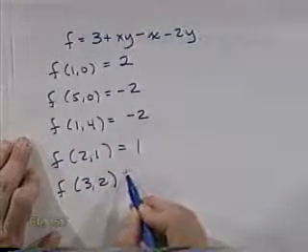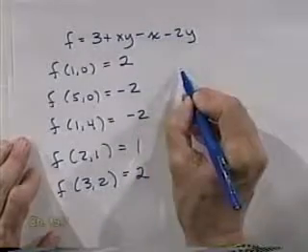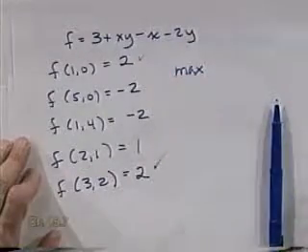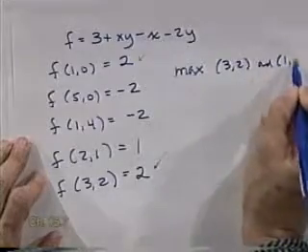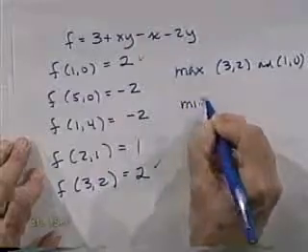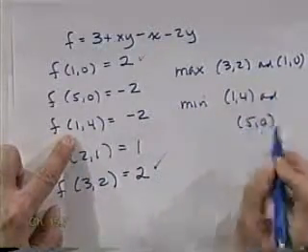And if you plug 3, 2 in, you're going to get 2. So this function attains a max at my 2 highest values, 3, 2 and 1, 0. And that maximum value is 2. And it attains a min at 2 values, 1, 4 and 5, 0.